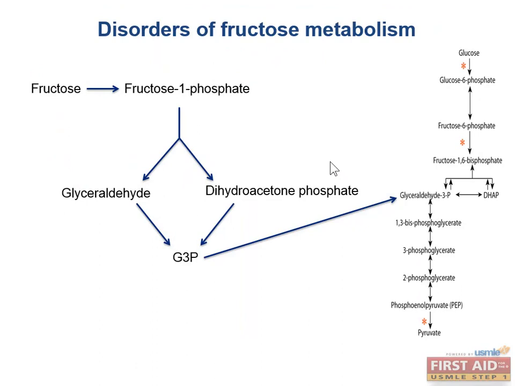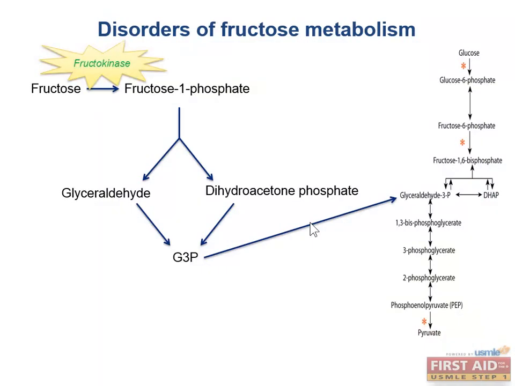Alright, now let's move over to the disorders of fructose metabolism. How does fructose, a monosaccharide carbohydrate, fit into the grand picture of metabolism? Fructose metabolism is important because it converts into a substrate for glycolysis and thus energy production. Now, as you can see here, fructose enters the glycolysis pathway partway through, and that's going to be at the level of the G3P, the glyceraldehyde 3-phosphate.